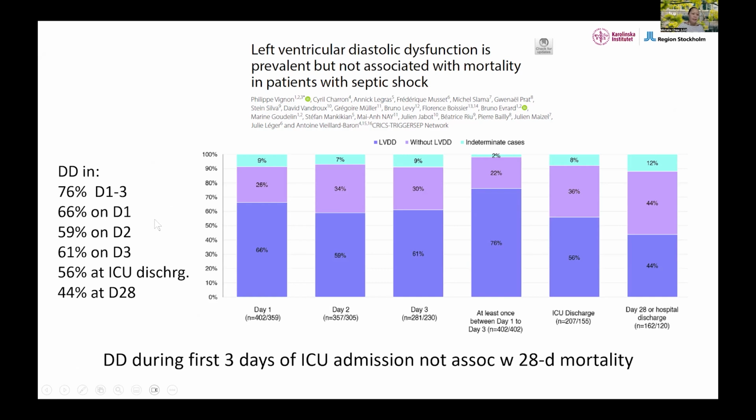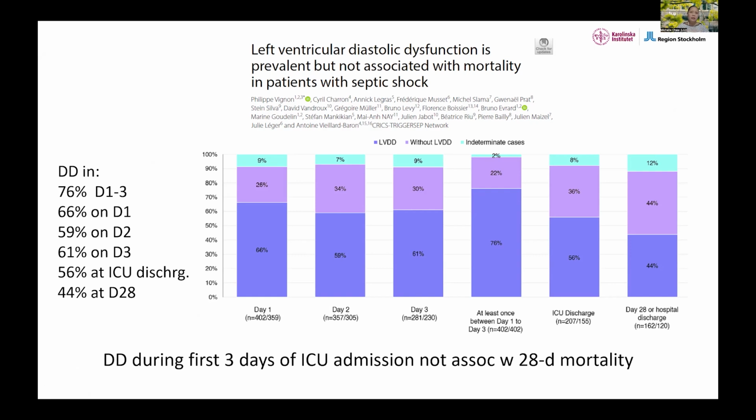So 76% on day 1 to 3, but look here at ICU discharge, 56% still suffered from diastolic dysfunction, and at day 28, 44%. Diastolic dysfunction was not related to 28-day mortality, but these numbers here, 56% and 44% at day 28, raise some concerns.